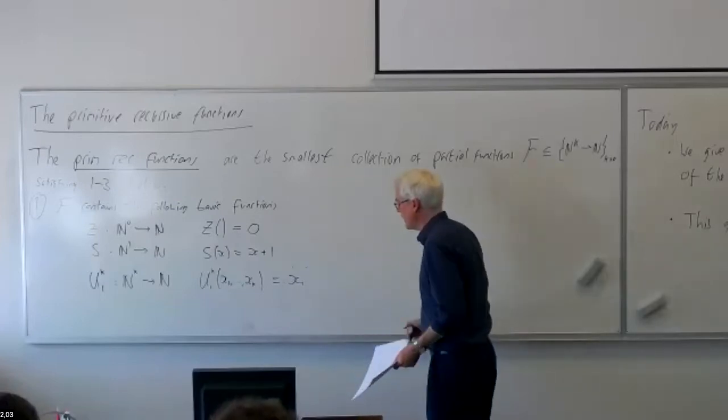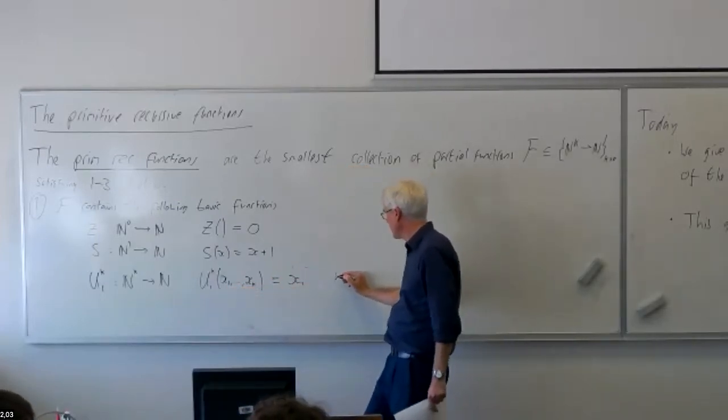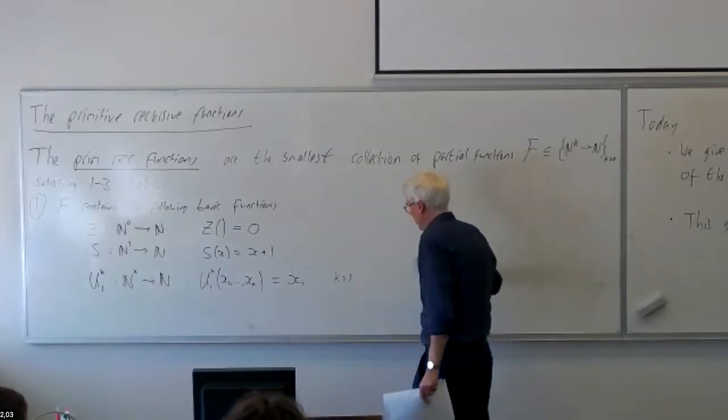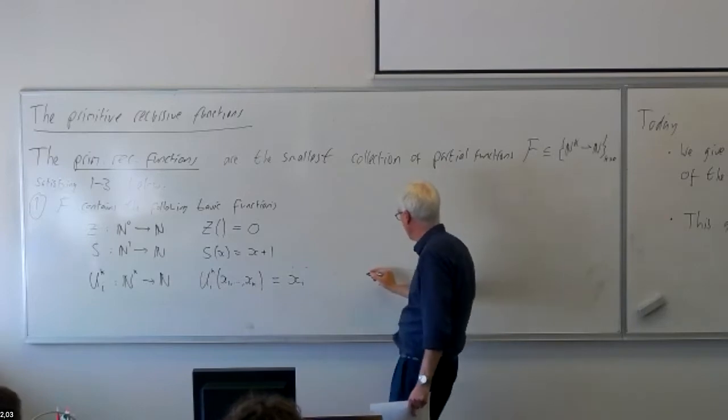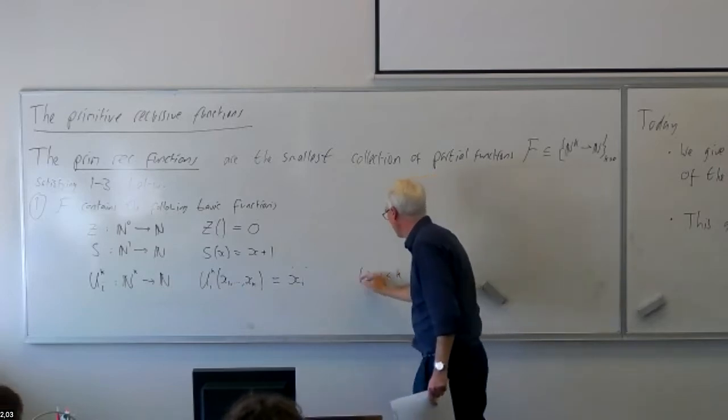So the conditions here are to have any x1 to xk. We do in this case need that k is greater than or equal to 1, and we need 1 to be less than or equal to I, less than or equal to k. Then that makes sense.